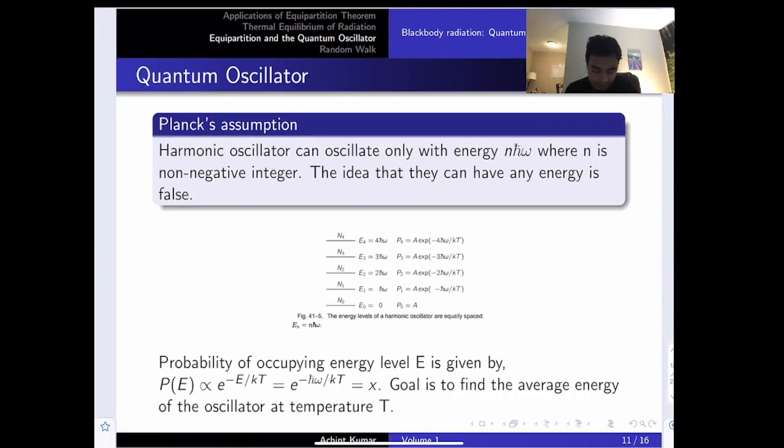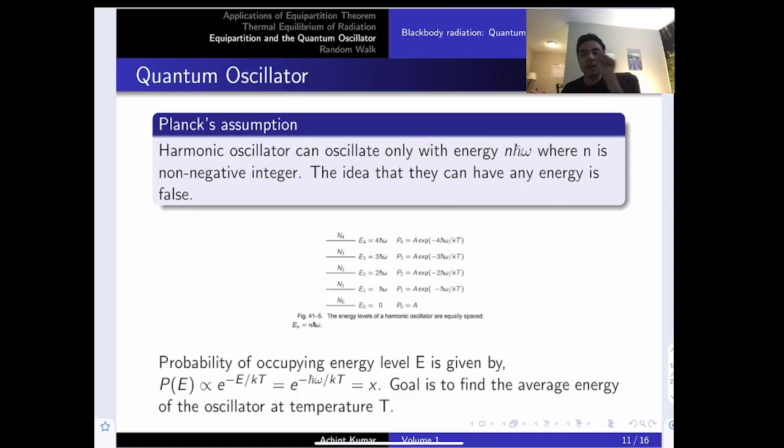We say that the oscillators, these electrons, cannot oscillate at any frequency. It can only oscillate at a certain frequency. So it can oscillate at h bar omega energy, 2 h bar omega, 3 h bar omega, and so on and so forth, and nothing else. It cannot oscillate at 0.25 h bar omega energy.